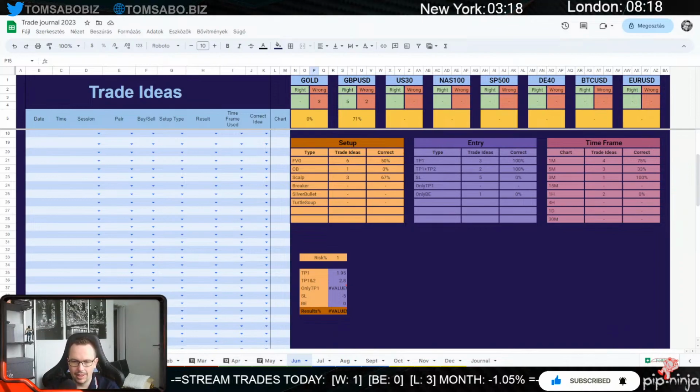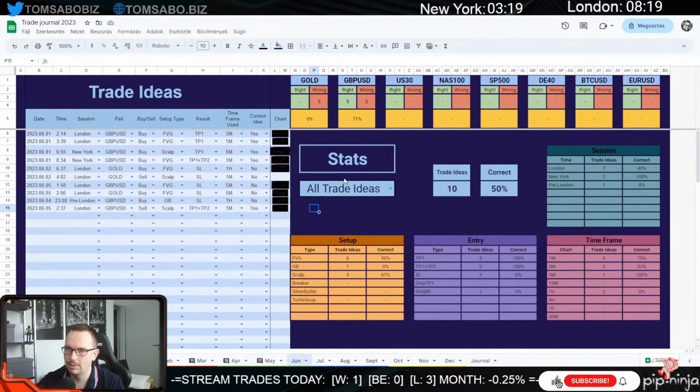Plus 2.8 minus 5, oh sorry, I miscalculated, that's minus 0.25. That's it so far this month. I don't have a value for only TP1 trade so far.